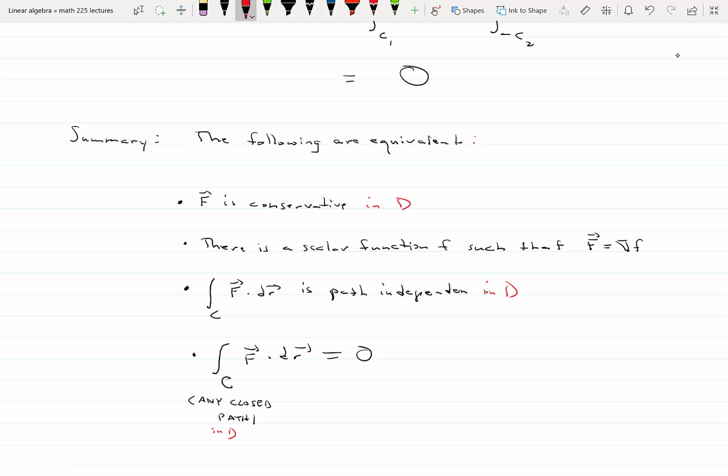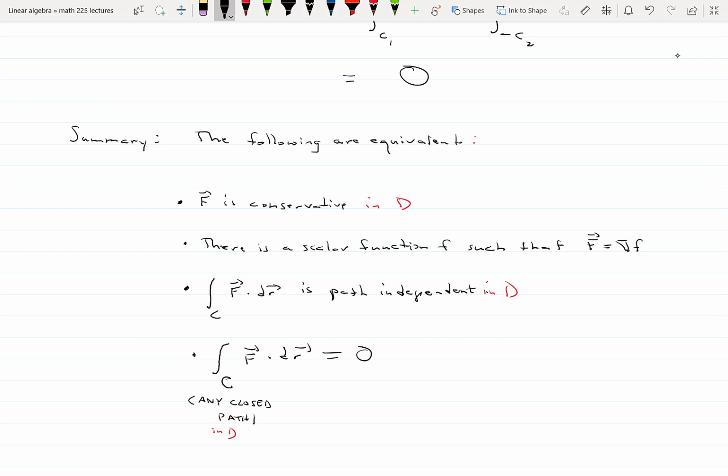So if the vector field, the force if you want, is conservative, then there's a scalar function such that the force is equal to the gradient of a scalar, which is absolutely equivalent to the force field being path independent. I forgot a T at the end of independent. I should put that in black.